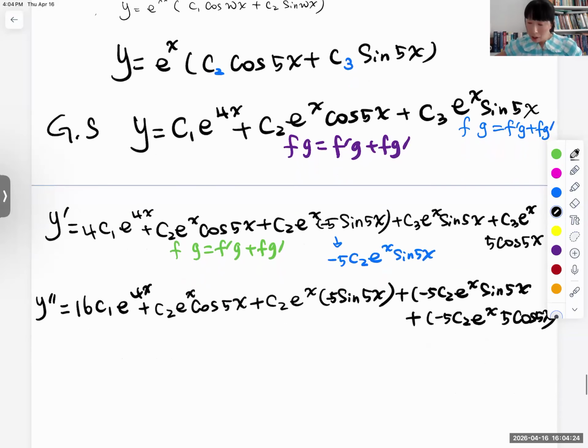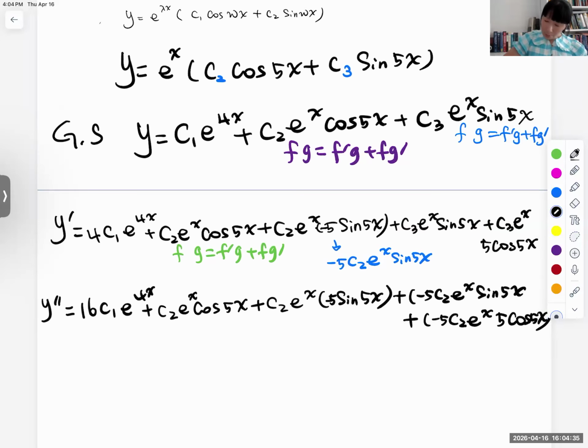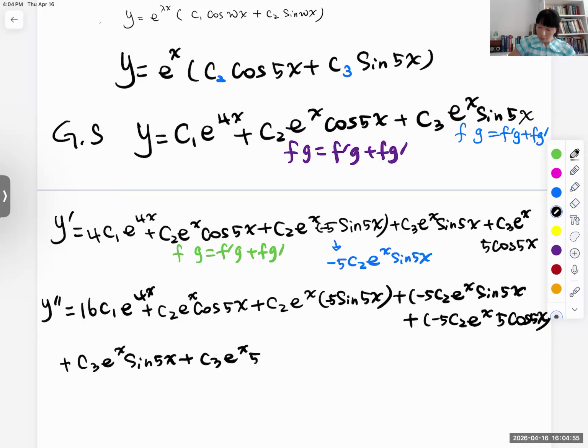Okay, now we are doing this. Okay, so that will be plus f prime, c sub 3 e to the x, and g, plus c sub 3 e to the x, 5 cosine 5x, yeah? Okay, last term, yeah. Do we have a third prime?